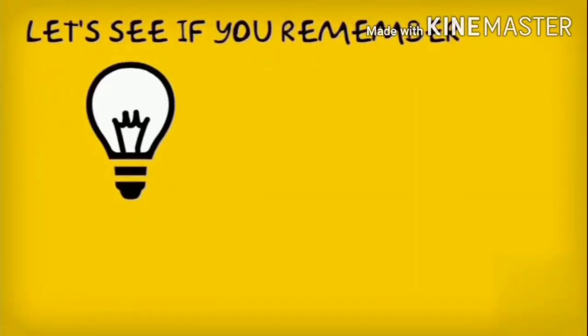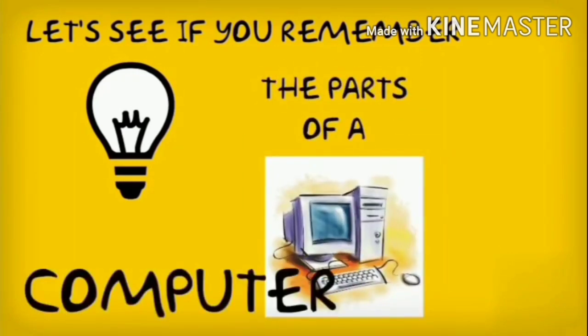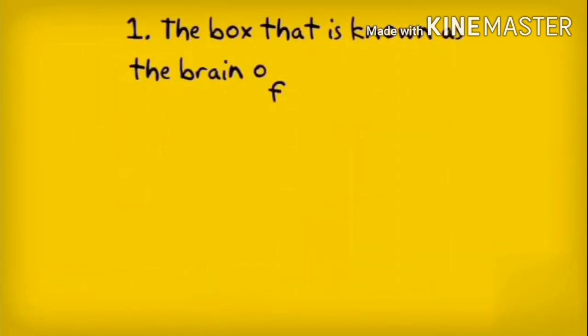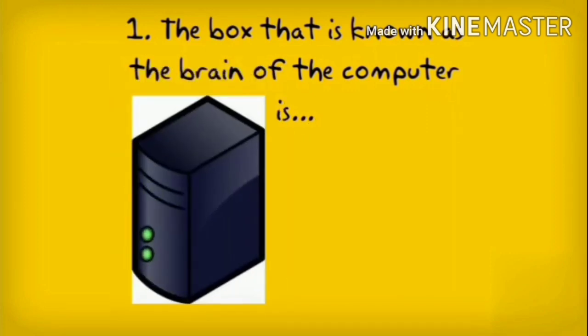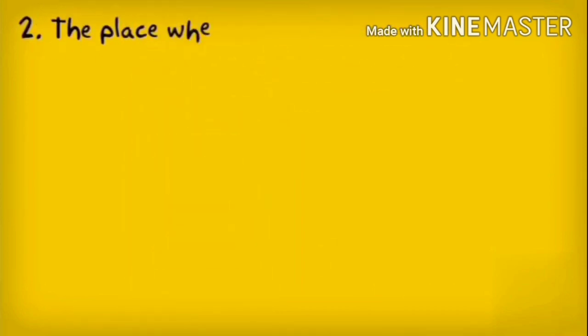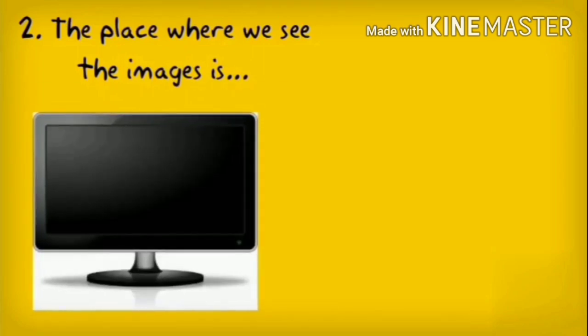Children, now we see the parts of a computer. Now what you are seeing is the CPU, the Central Processing Unit. It is the brain of the computer. The picture now is the monitor. It is the output device.